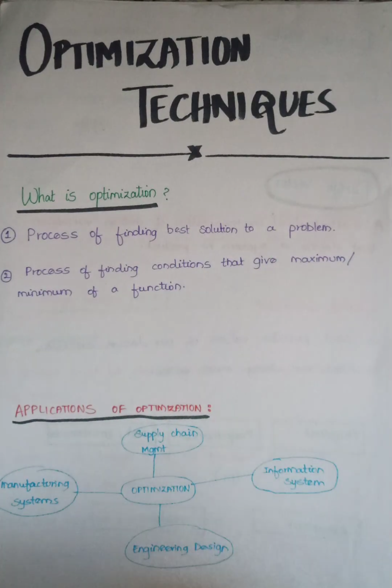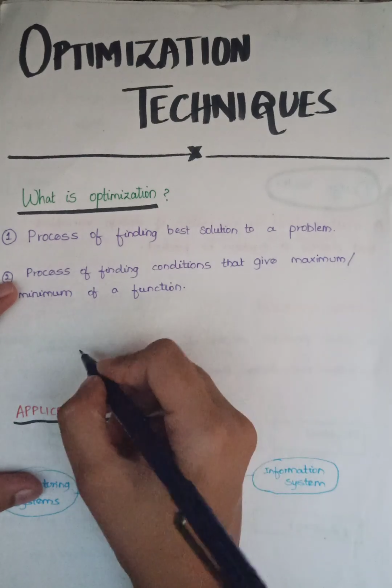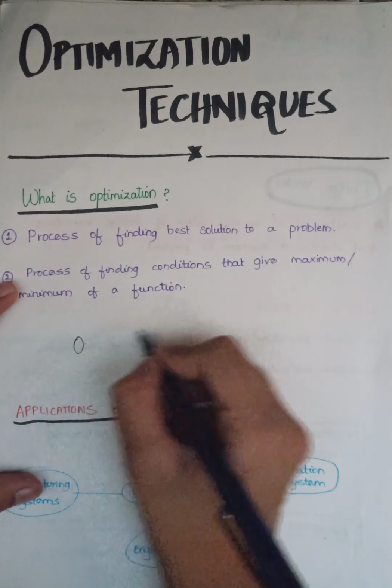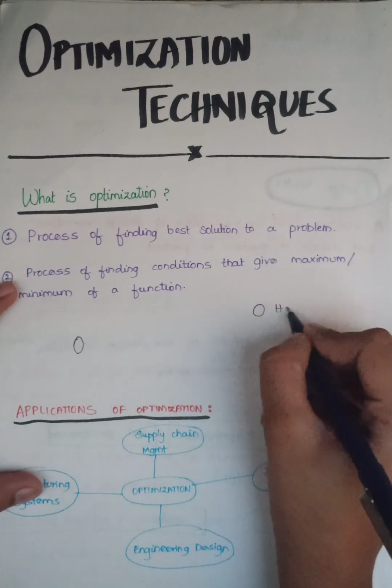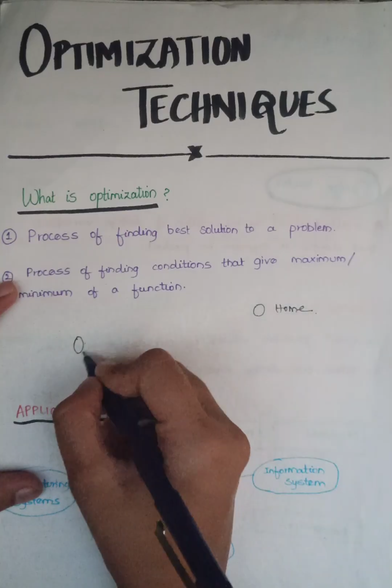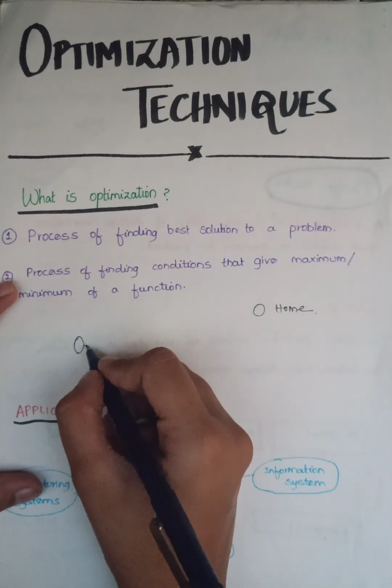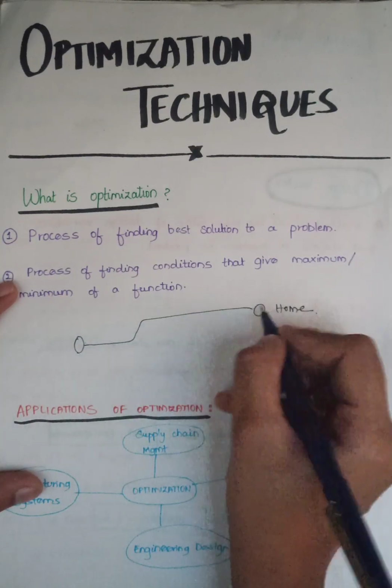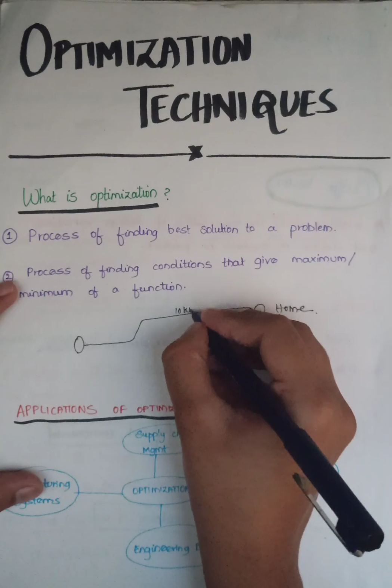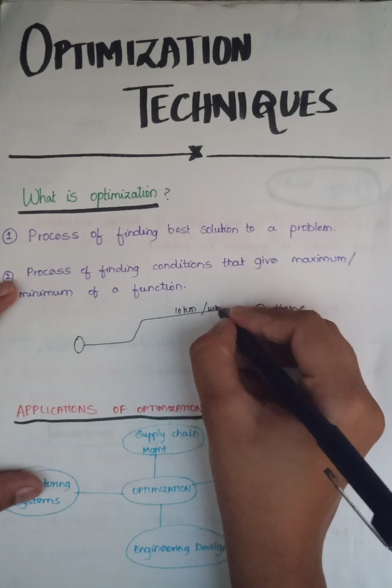Now, for example, let's consider a problem called finding the best route from your school to your home. Consider this is your home and this is your school. So, you may have one route this way. This could be, for example, 10 kilometers and this is without traffic.